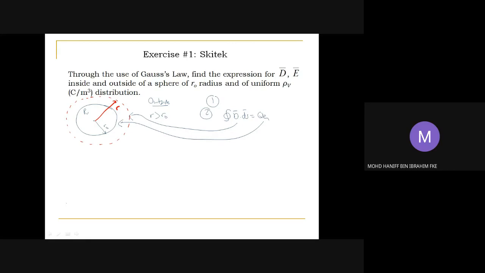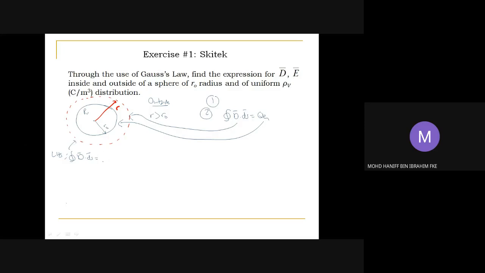You have to remember that. The integration is on the surface, and the enclosed charge is the charge inside the surface. So let us proceed with the left-hand side, which is measured on this particular surface.